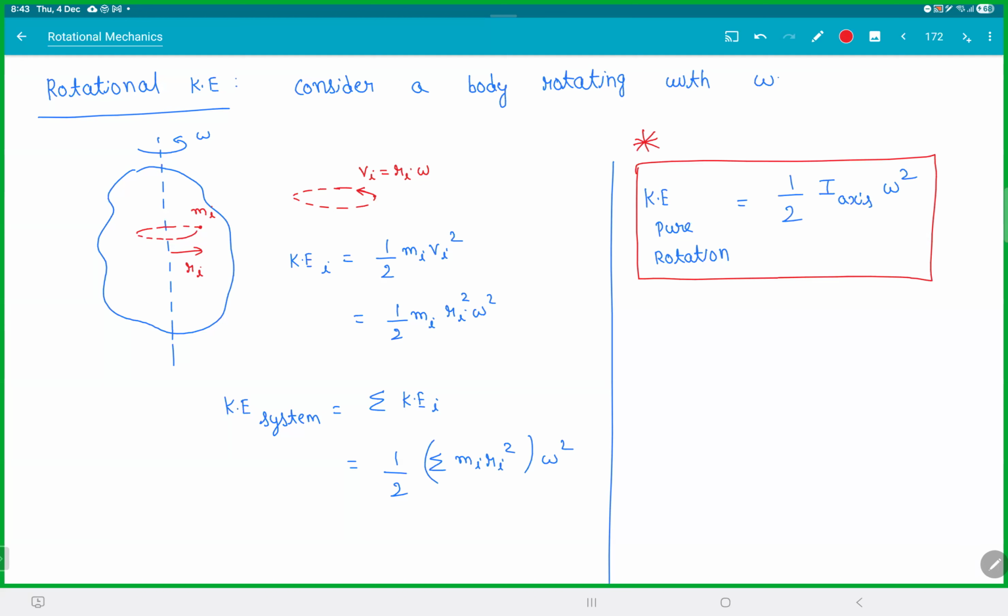Clear with this? That sigma m_i r_i squared term keeps popping up every time. So that was the reason we calculated it beforehand and kept it ready. So this is how you find energy for pure rotation. What happens if the body is rolling?